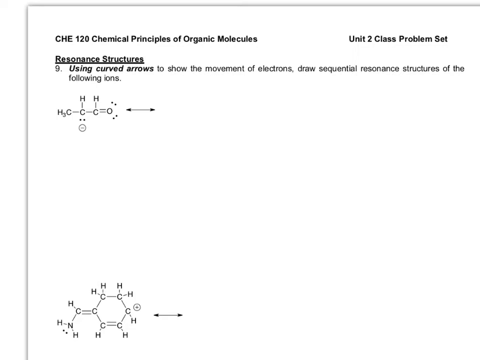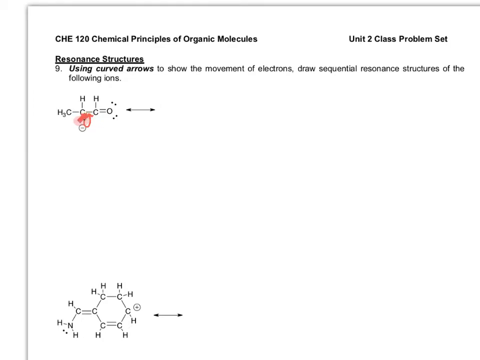When we're dealing with anions, there's always two arrows. And so what's going to happen is these electrons here are going to roll down and form a new carbon-carbon double bond.